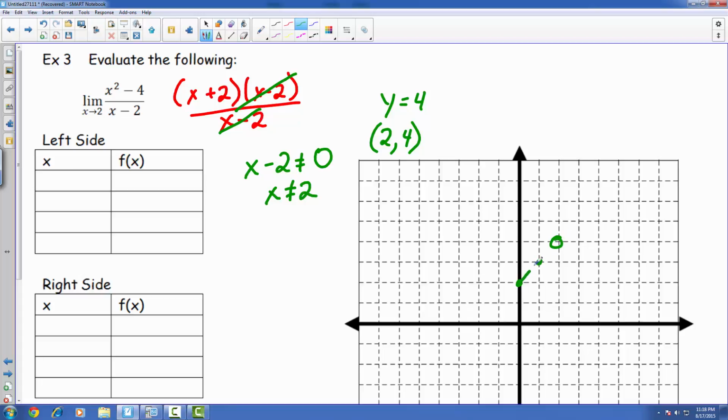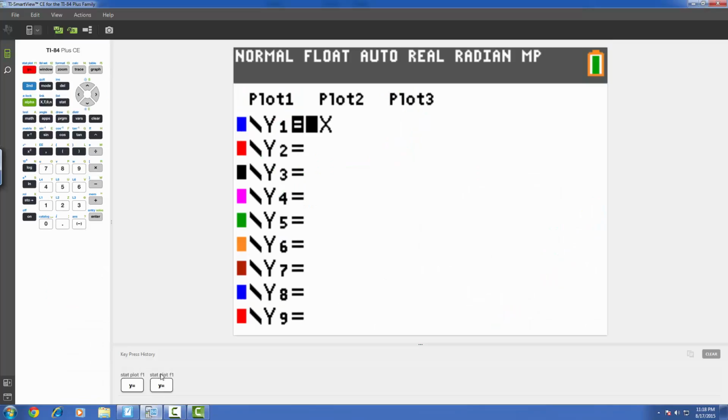So we should see something that looks like this. If we take out the graphing calculator, let's confirm that.